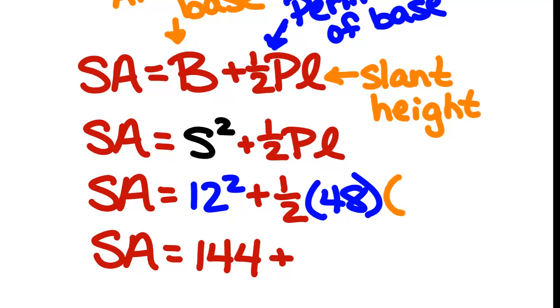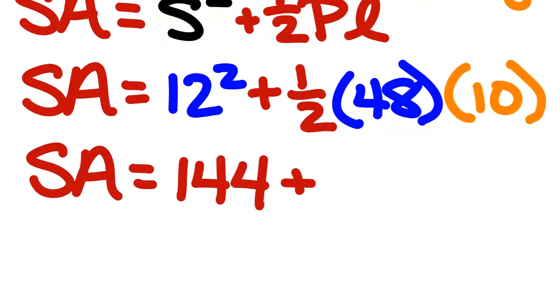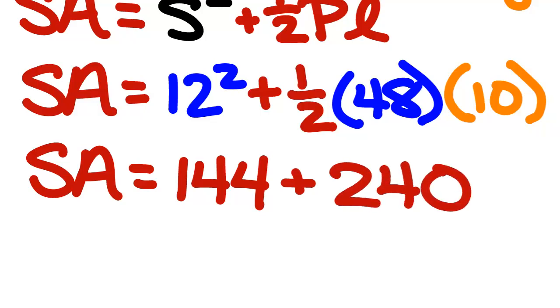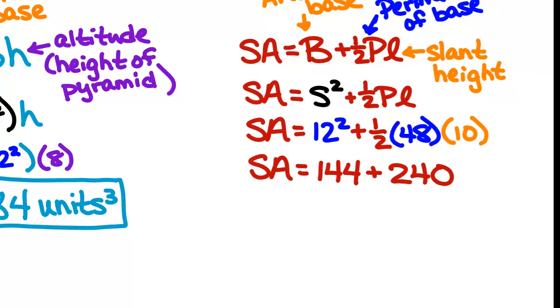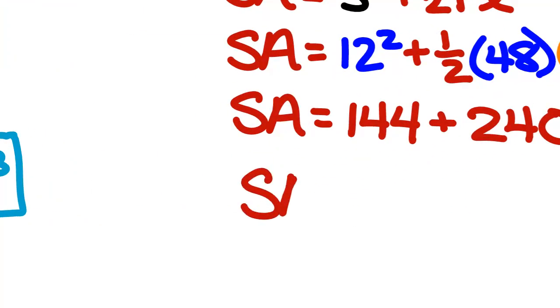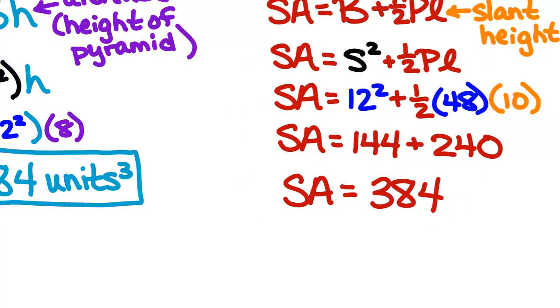Slant height was 10. What is 1/2 times 48 times 10? 240. And then we add the 144, that's the area of my base, plus 240, that's my lateral area. I get 384.